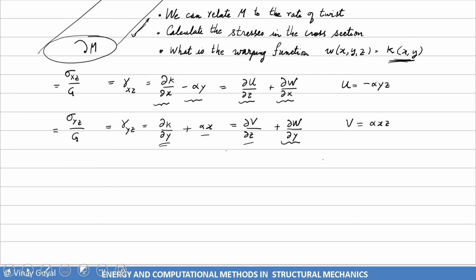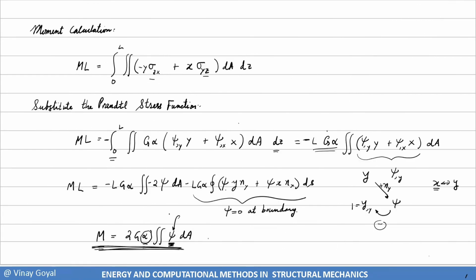Sigma xz, we said it was G alpha, and G cancels out. So you have alpha, I believe, partial psi. Well, let me look it up. I'm getting confused now.